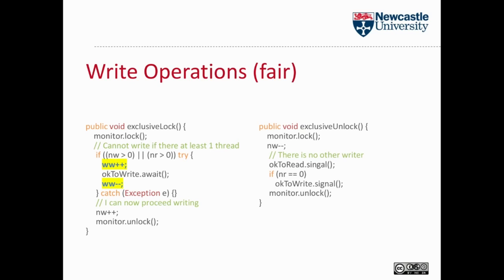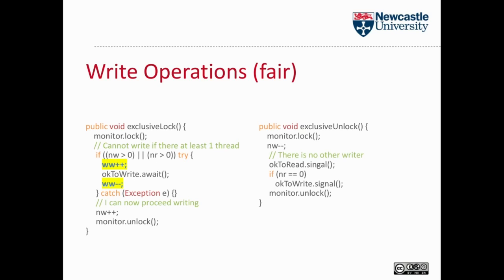So for that barrier, if I'm waiting, I need to increment my variable before, and then after the wait, I might be waking up, and then I'm decreasing the number of the writers.